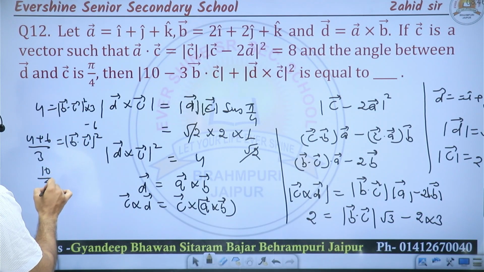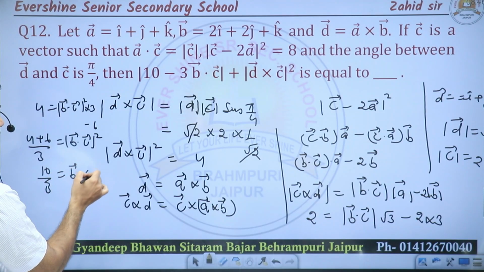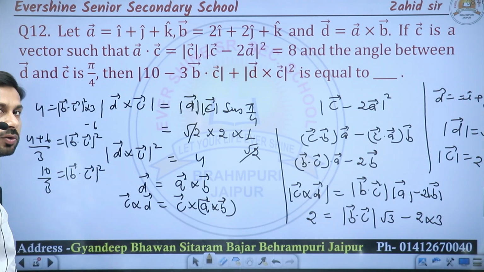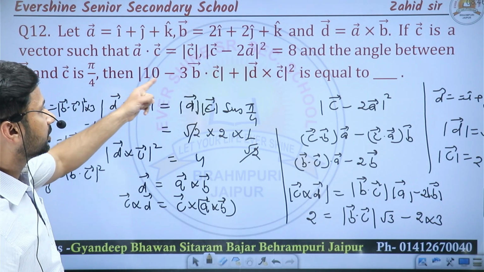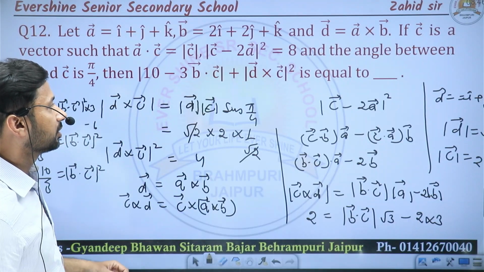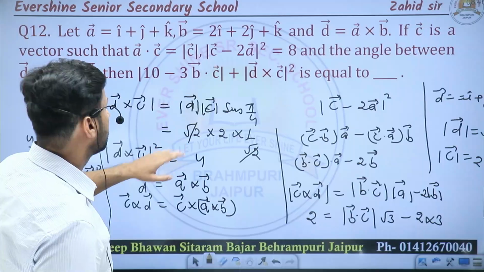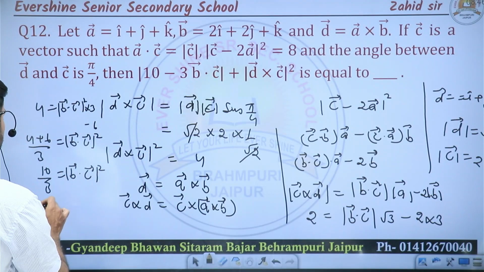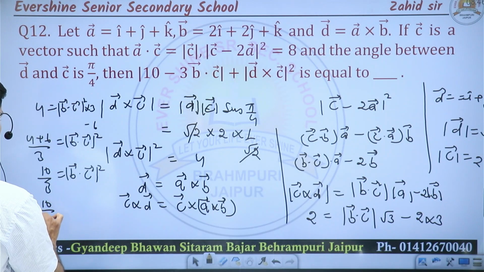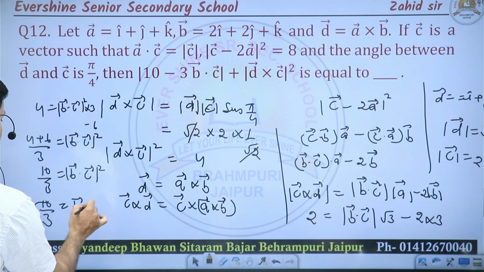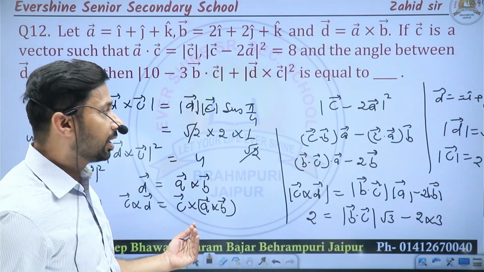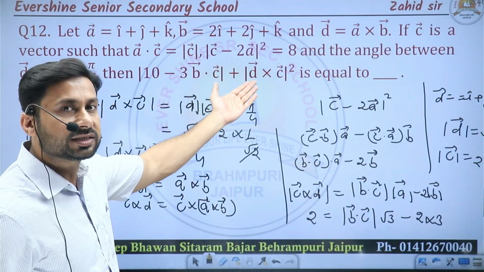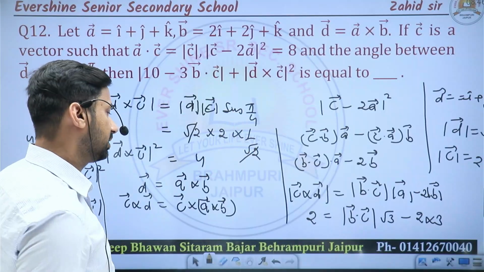So 10 by 3 equal to mod B dot C square. Now if I find B dot C, that will be root of 10 by 3 equals B dot C. Now I'll put all the values here and I can simplify it, and that will be my result.